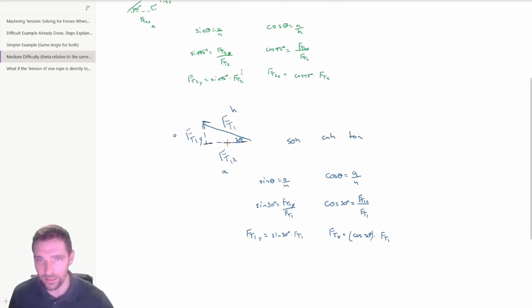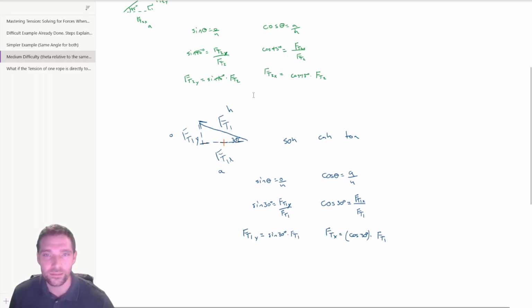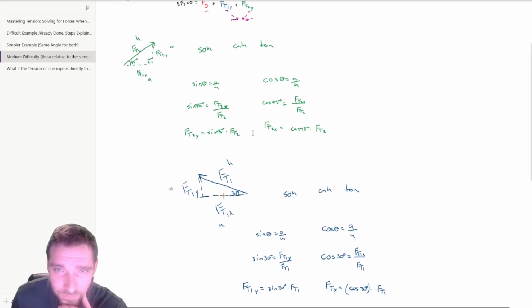So we've got a couple different things. We've got the sines and cosines and these things related to each other. And we should then be able to relate them.